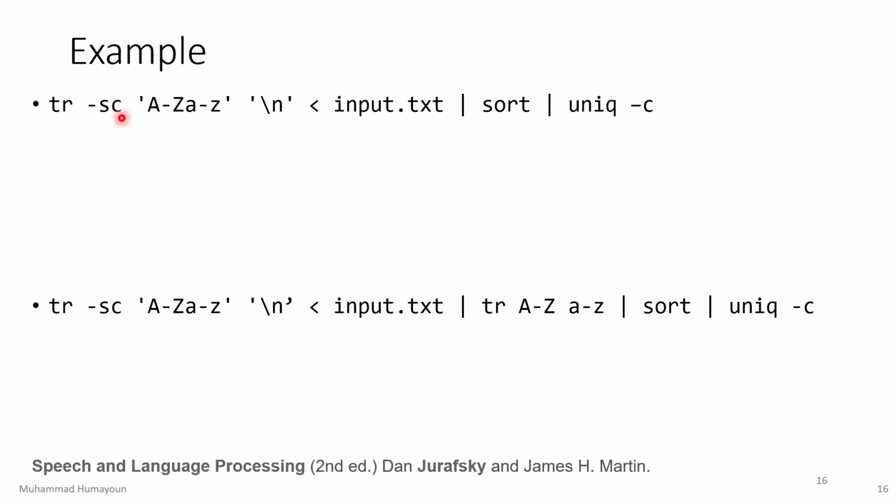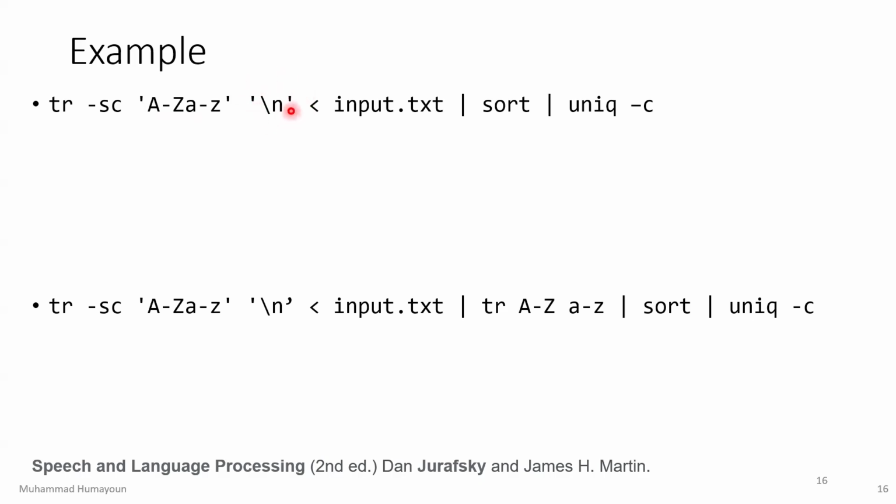C is the complement, the opposite. So it says, if you do not find A to Z, small or capital, and this C means complement, replace those characters successively with the newline character.